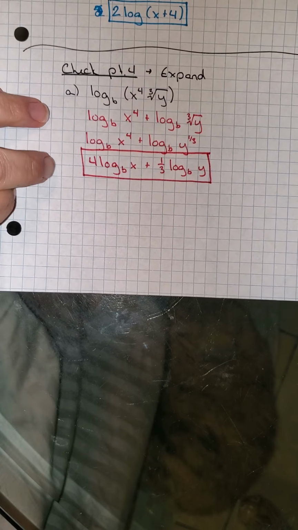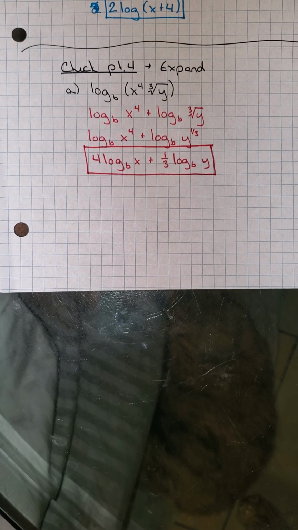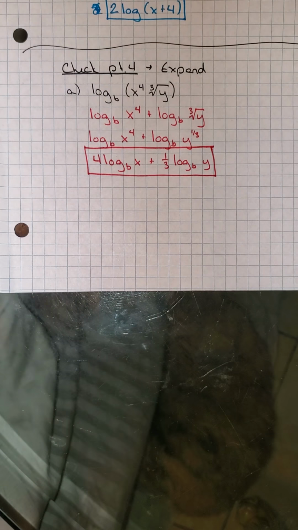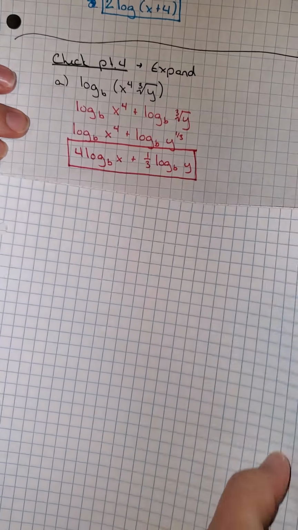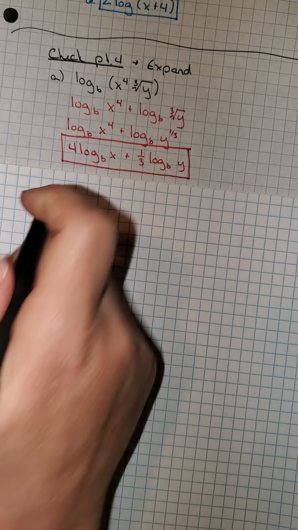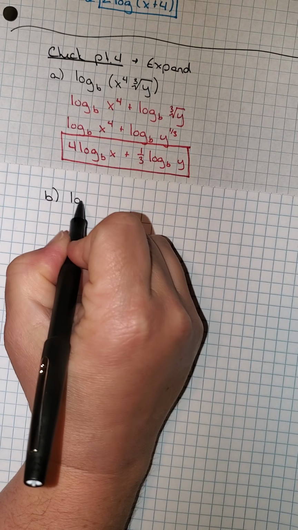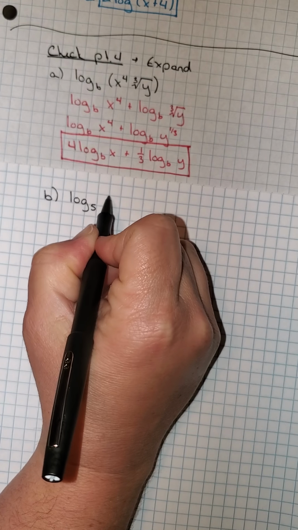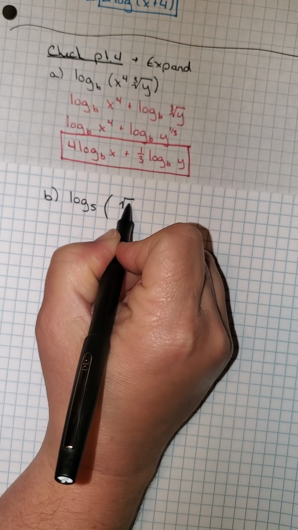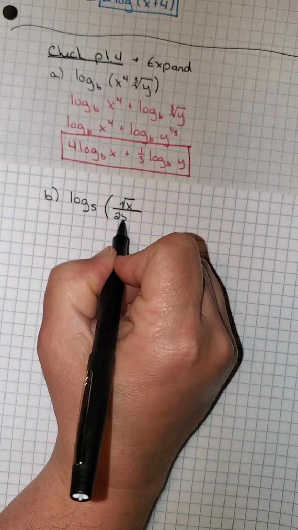All right. And then there's a problem B for the same checkpoint. I'll take a couple extra steps with it just to show you how it works. All right, for B, you have log base 5 of the square root of x over 25y to the 3rd.